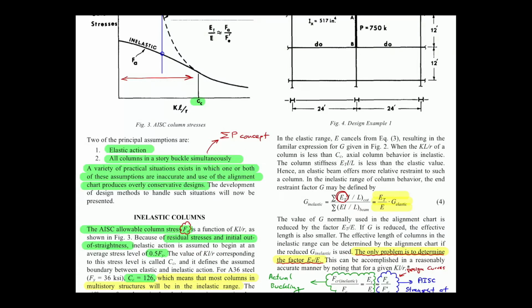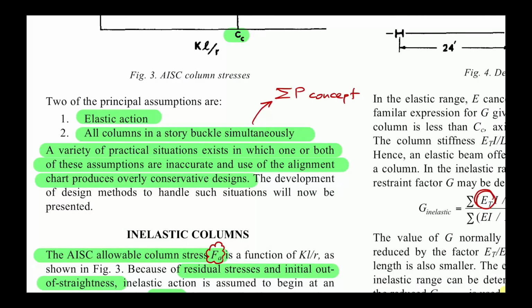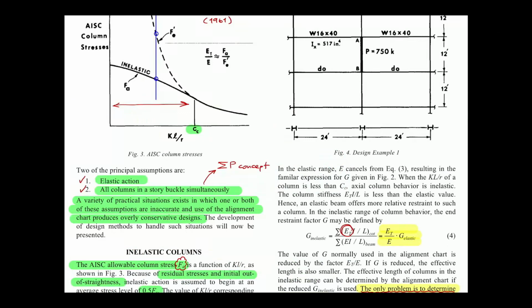But the main limitations of the AISC alignment charts are the elastic action and the assumption that all columns in the story have to buckle together at the same time.